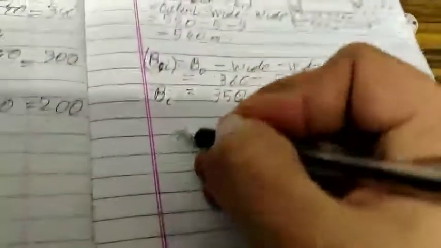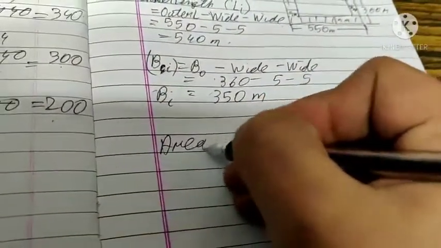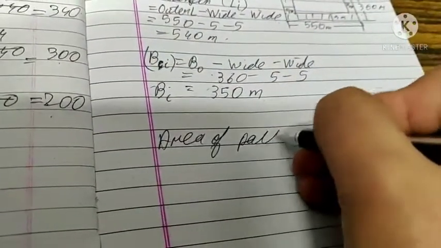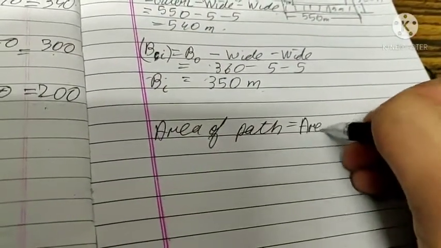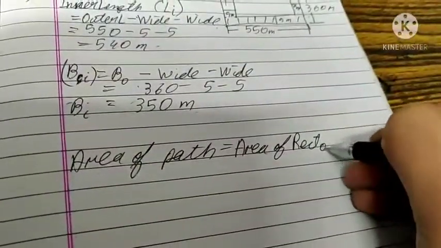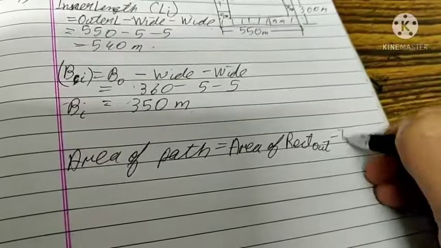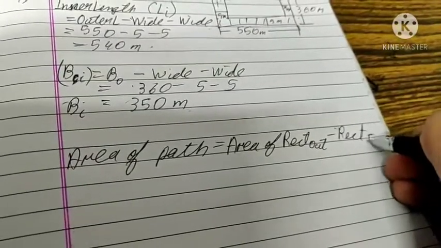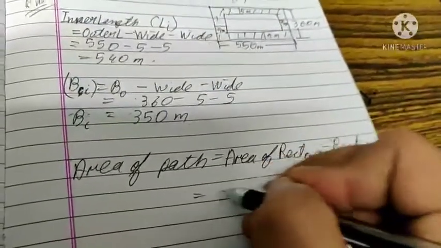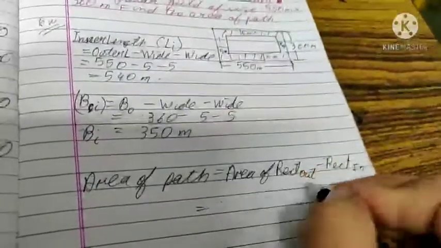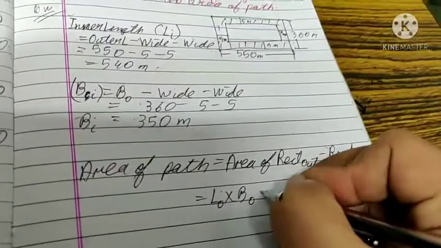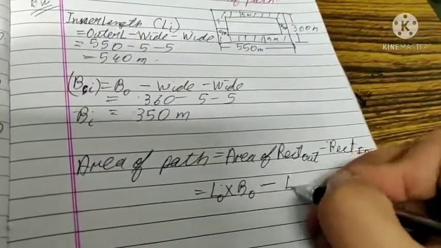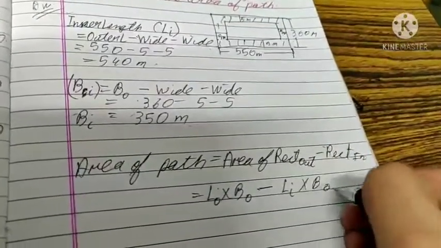So now the area of the path will be the area of the outer rectangle minus the inner rectangle. The area of the outer rectangle is length outer into breadth outer minus length inner into breadth inner.